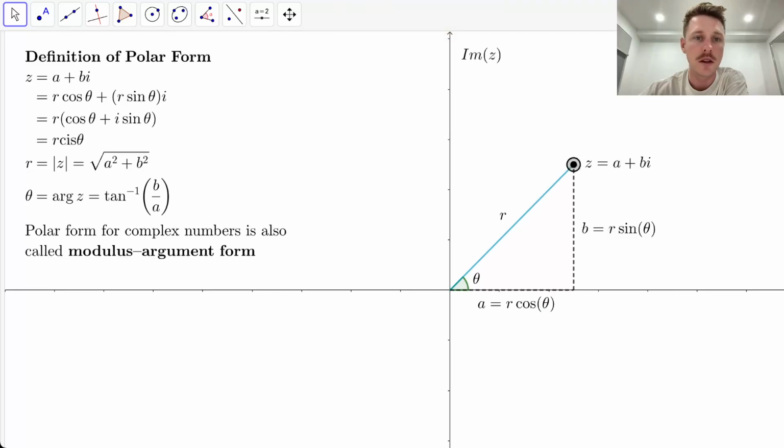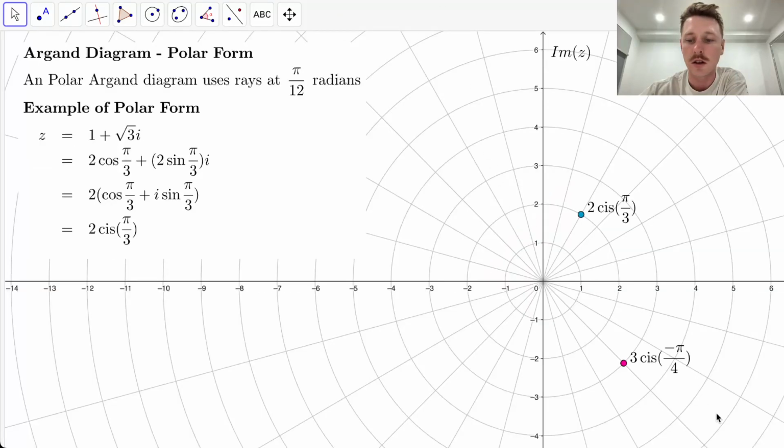Okay, let's chat about the next thing, which is Argand diagrams in polar form. All right, so just recalling that our Argand diagram has the real axis and the imaginary axis. A polar Argand diagram uses rays at pi on 2 radians. So you can see here, it's quite new, but you've got this new way of representing our complex numbers on this polar Argand diagram.